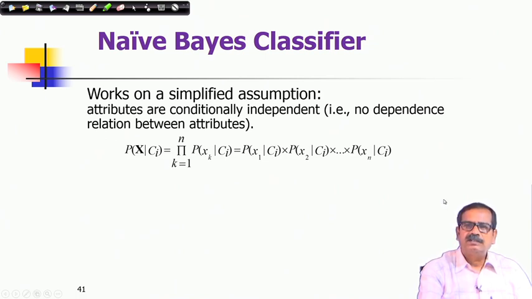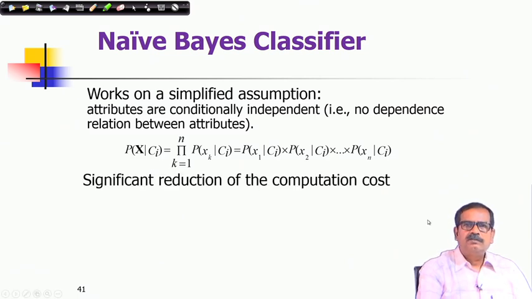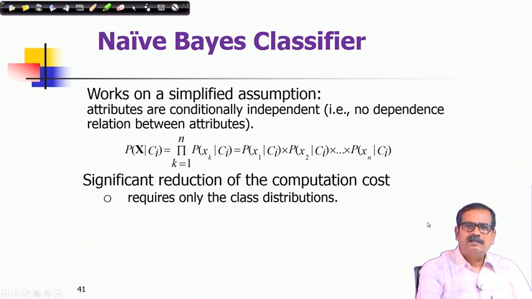All likelihood functions can be defined in one dimension instead of a multidimensional probability density function. That is the simplicity of the naive Bayes classifier. Handling of multidimensional data becomes simpler for modeling the probability density function. So, there is a significant reduction of the computation cost because of this, and it requires only the class distributions, and that too in a single dimensional feature space.